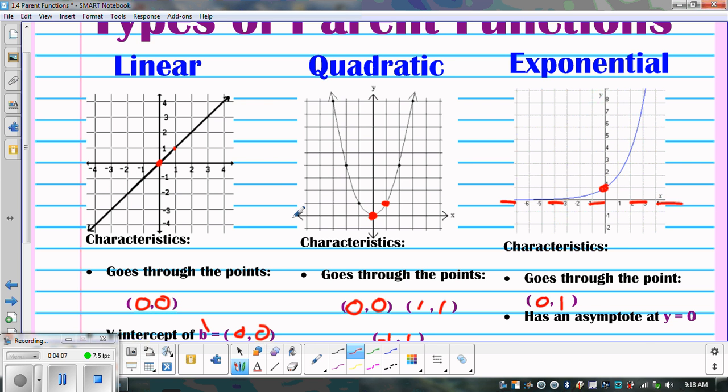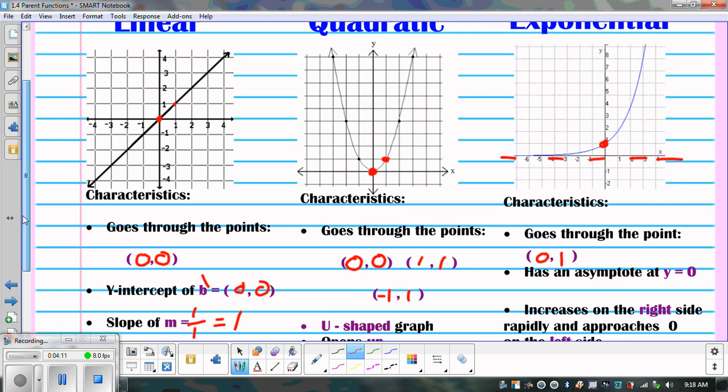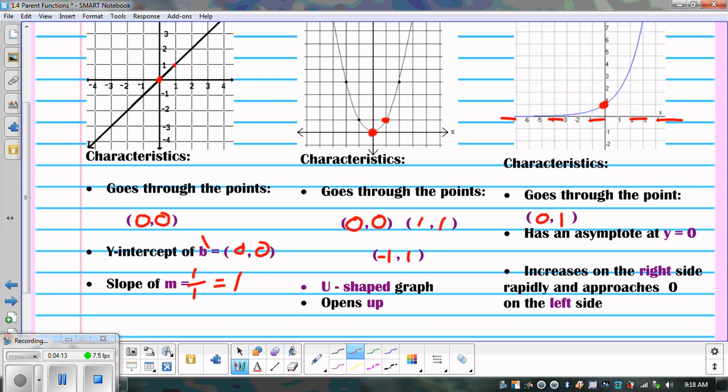So that imaginary line that it's approaching but never touching is called the asymptote. Notice on the exponential graph that it is increasing on the right side rapidly, and it's approaching 0 as it's going on the left. So as we move to the left, it's approaching the asymptote and approaching 0. As we move to the right, it is rapidly increasing.